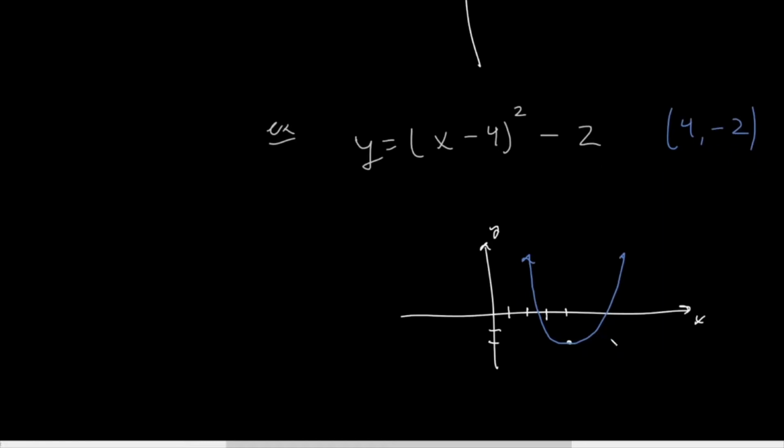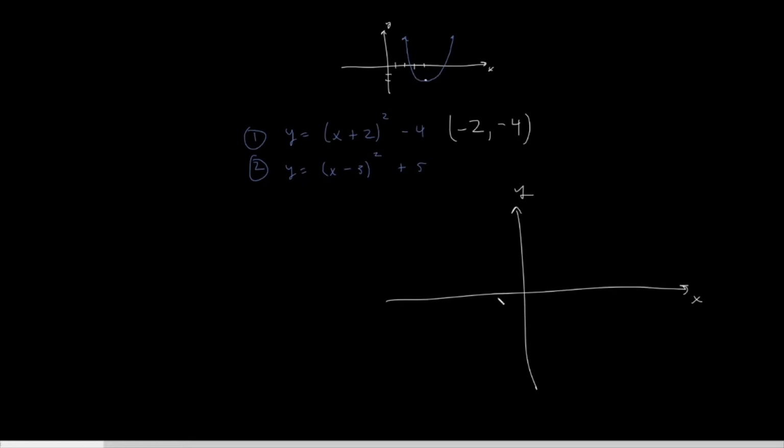Okay, let's do the next one. I go 2 units to the left, 4 units down, and I will graph it in lime green. So my vertex is here, and the parabola opens up.